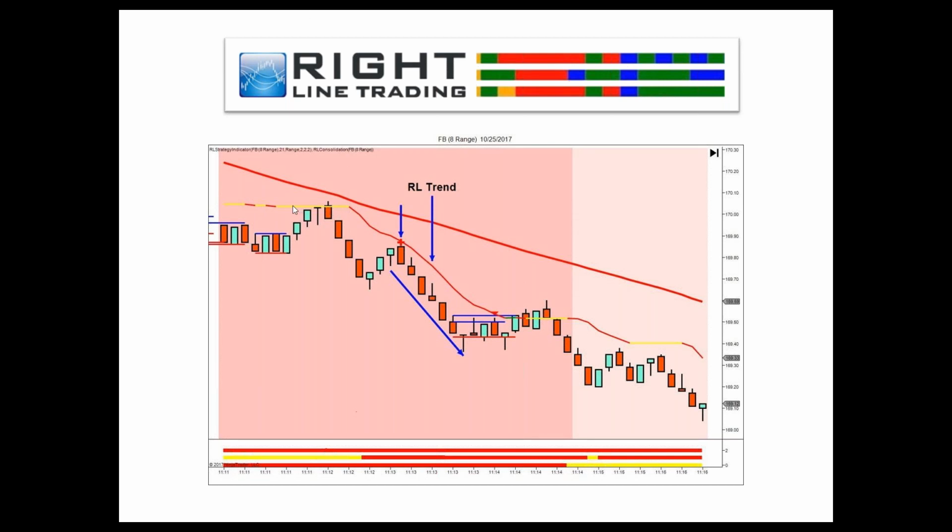When it's yellow, it means that volatility has dropped and the market is potentially just in chop. That's when you don't want to take a trade. The lowest risk, highest reward trades occur when the modified 15, as we call it, or the RL trend, is heading down and is red. That's a fundamental component of the trade analyzer.